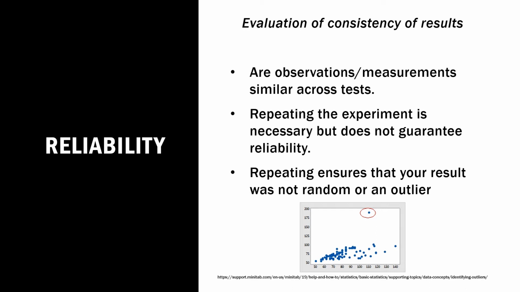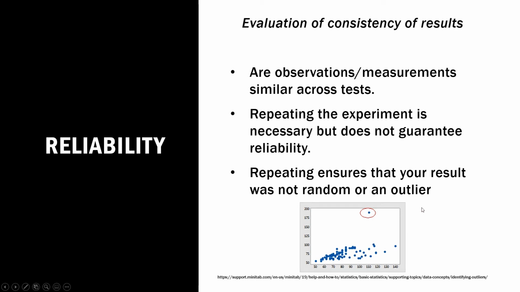All it guarantees is that we were able to repeat our experiment. What we want to make sure that we're doing when we're repeating our experiment is ensuring that our results remain consistent between all of those tests. Essentially, repeating ensures that our result was not random or an outlier. So, for example, in this experiment here, what's been found is with lots and lots of repetition that there's been an outlier within the test.